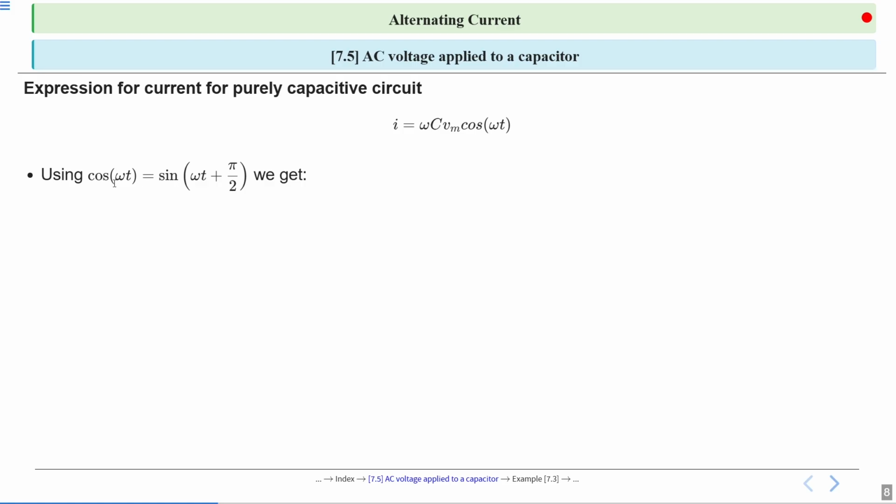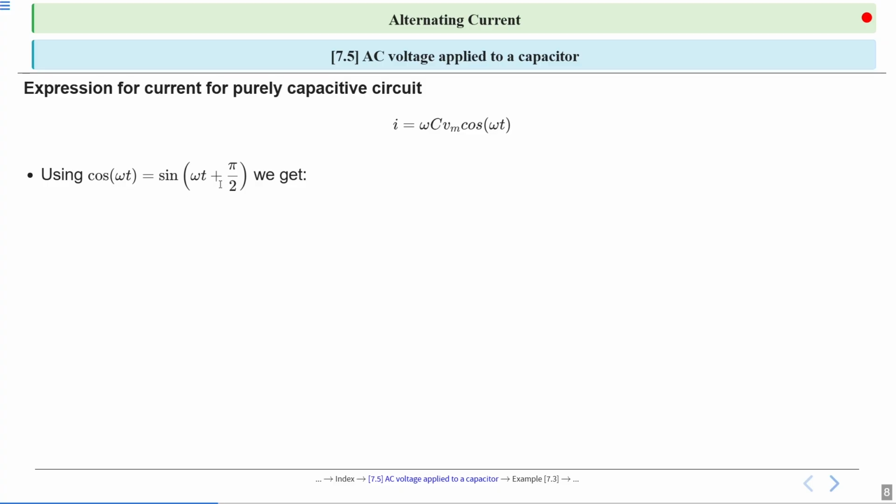We can also write pi by 2 minus omega t, but it will not give the expression as we want. So cos omega t will be equal to sin of omega t plus pi by 2.